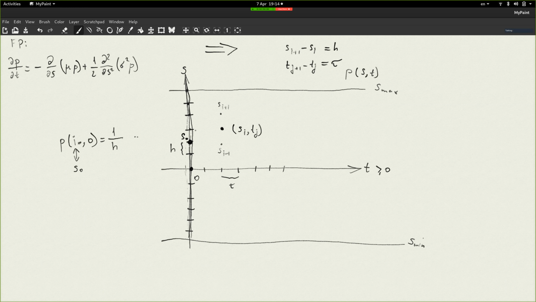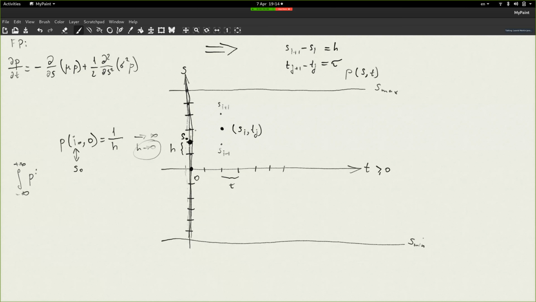Can anyone tell me, please, why do we make this strange choice? Why do we put P of I0 and 0 at 1 divided by h? Because then, if we integrate our function P numerically over the grid, instead of taking the integral, you remember, integral from minus infinity to plus infinity of P of s at any time t ds must be equal to 1.